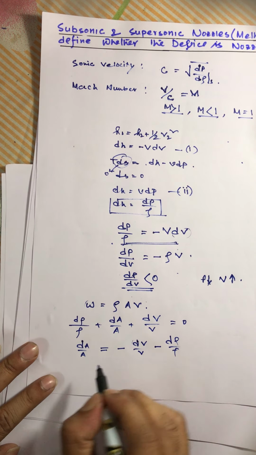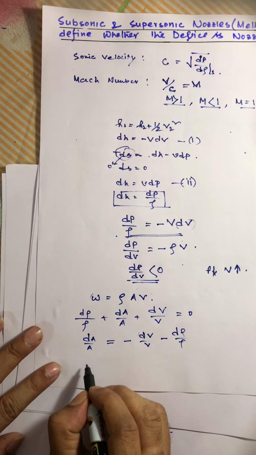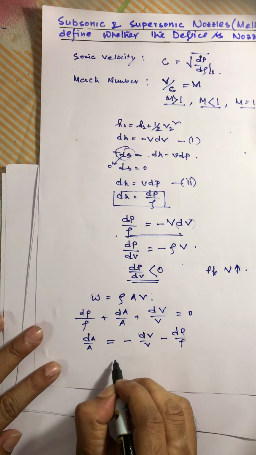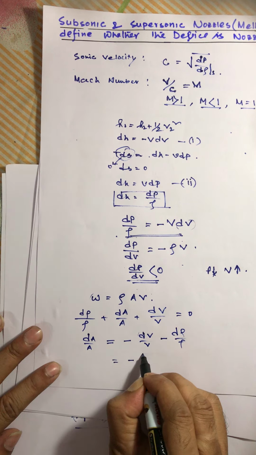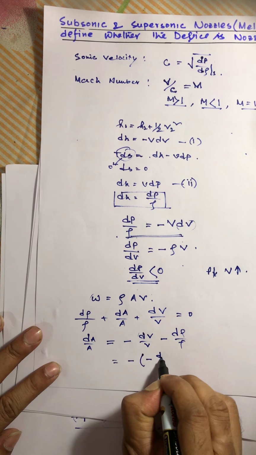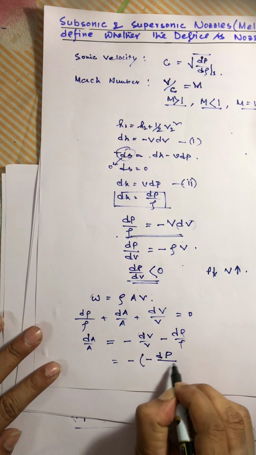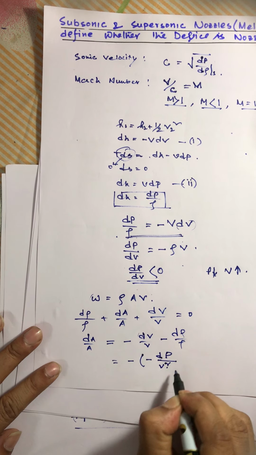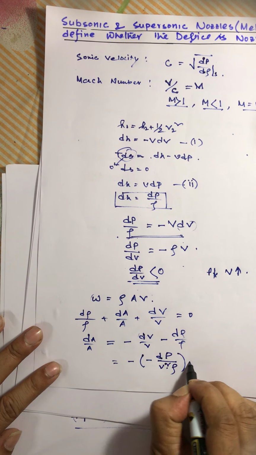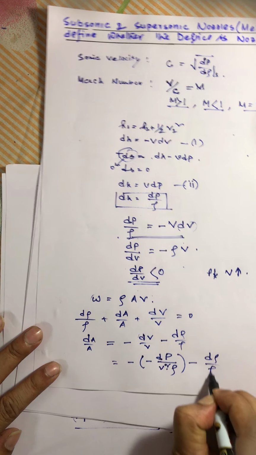if we substitute it from the equation, what will we get? That will be equal to minus of dP by V square rho minus d rho by rho.